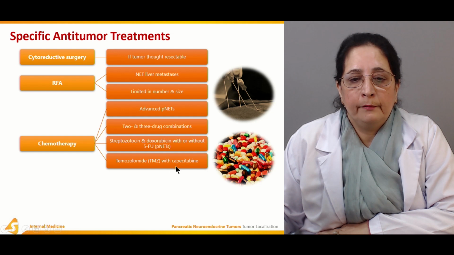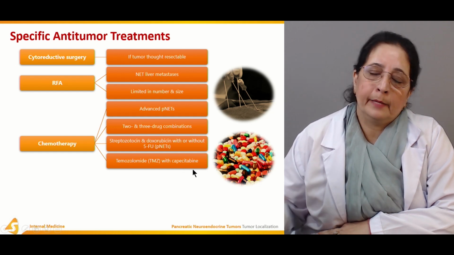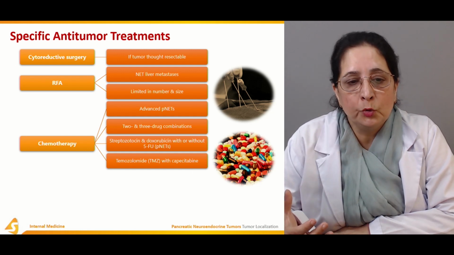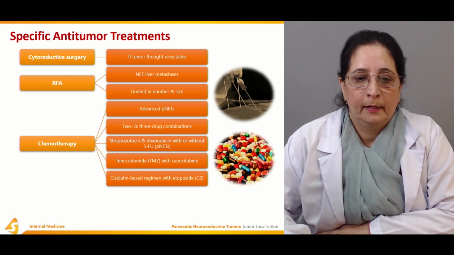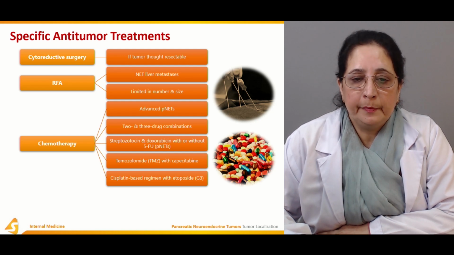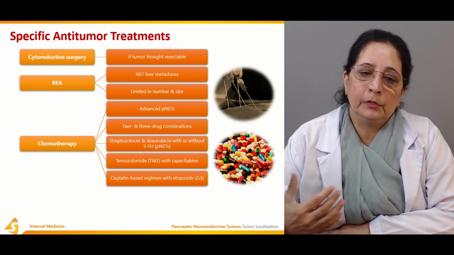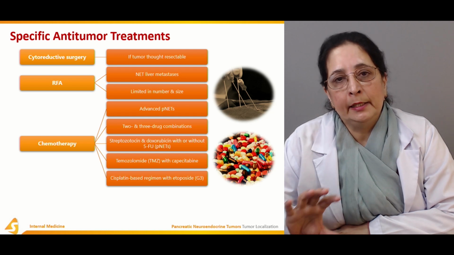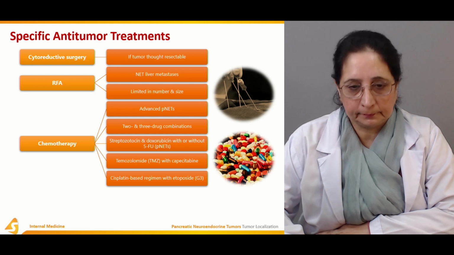Capecitabine and temozolomide can be used as the chemotherapeutic agent. Then we have another cisplatin-based regimen with etoposide. So all these are different chemotherapeutic drugs that can be used, usually in combinations of two and three drugs.